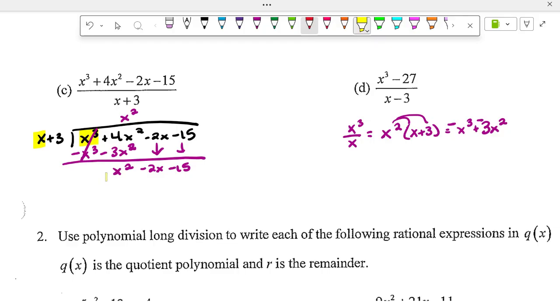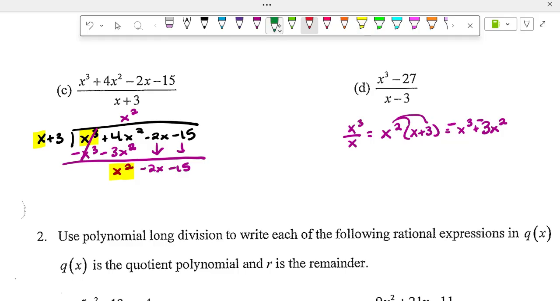So we're back to the dividing. So what do I divide? And? Not the negative 2x, but this x right here of our divisor. All right, it's always going to be the first term and then the first term of the divisor.